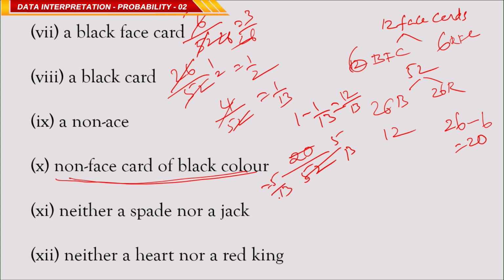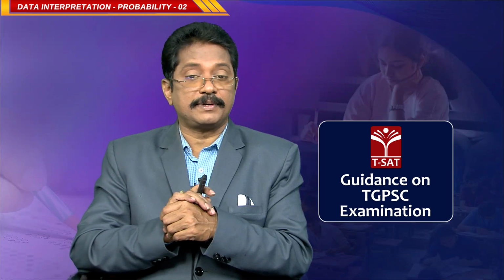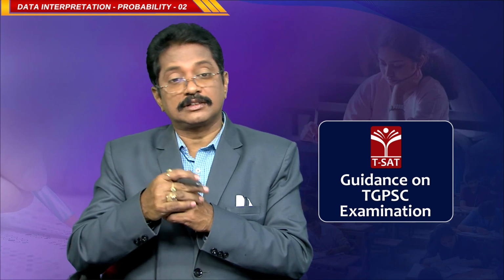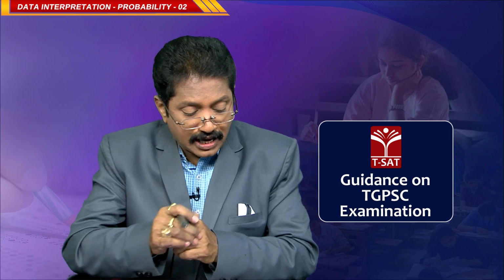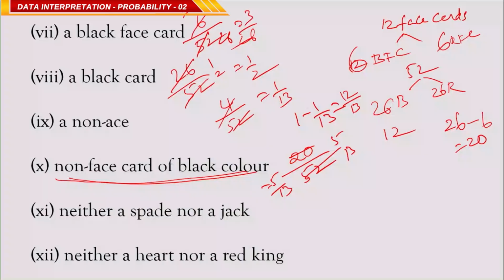Clear? Okay. Next, neither spade nor a jack. Neither spade nor a jack means it should not be a spade, not be a jack. Now, a spade: how many spade cards are there? There are 13 spade cards. And jack: how many jack cards are there?